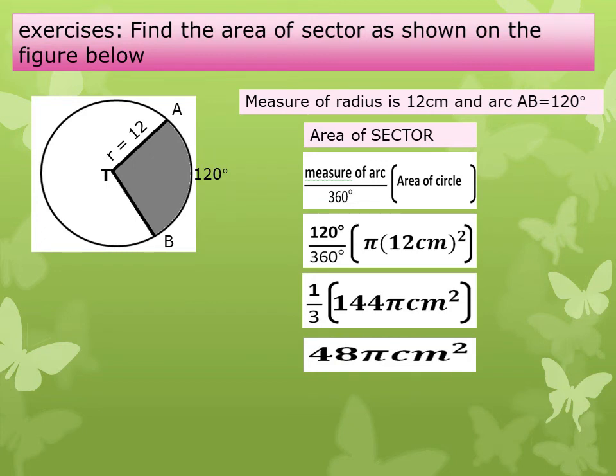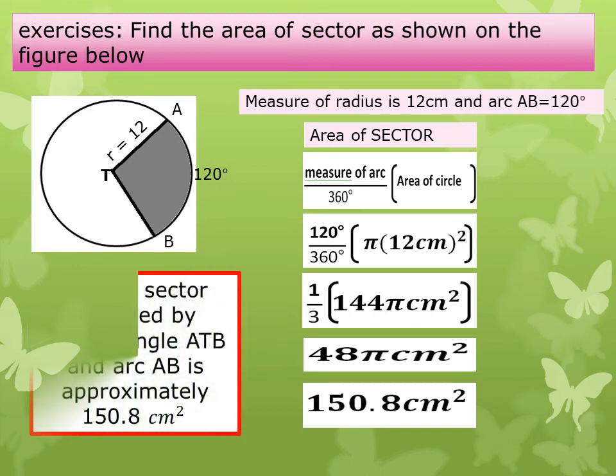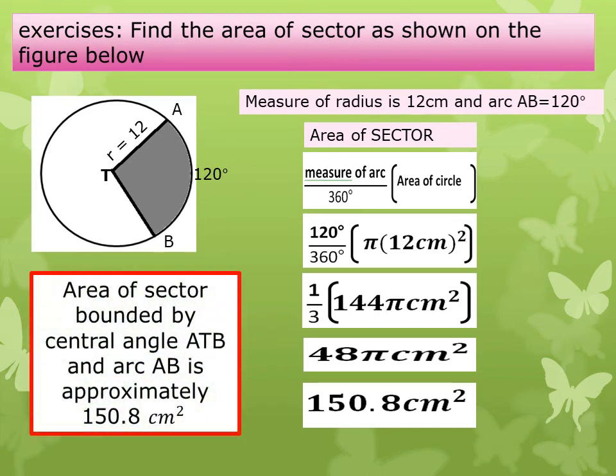So 1 times 144 divided by 3 is 48 pi centimeters squared. And then if we multiply 48 by 3.1416, the value of pi, we have now the approximate area of that sector: 150.8 centimeters squared. So the area of sector bounded by central angle ATB and arc AB is approximately 150.8 centimeters squared.